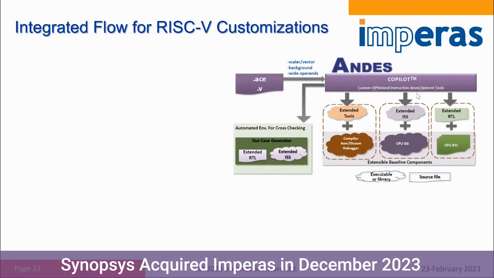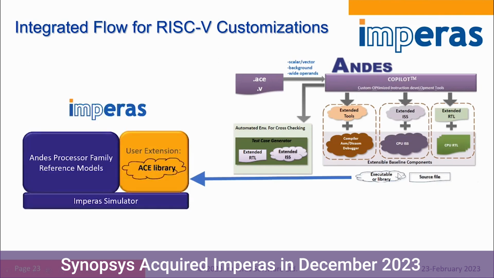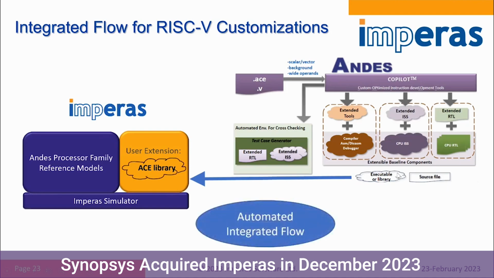After CoPilot generates the RTL, it also generates an executable. This executable can now be imported into the Imperas environment, and we automated this flow to generate the custom instructions. So here you go. Now your secret sauce is part of your model.